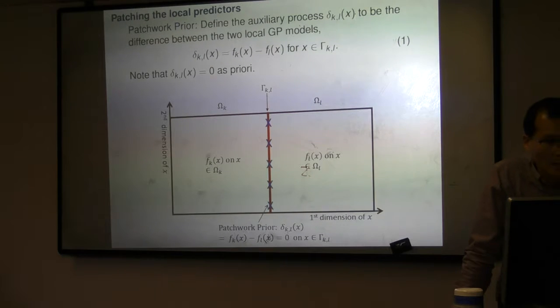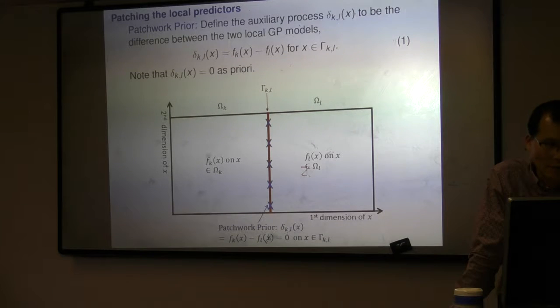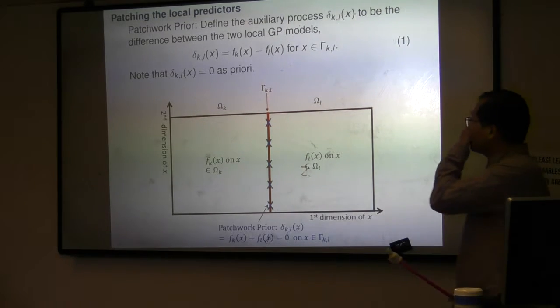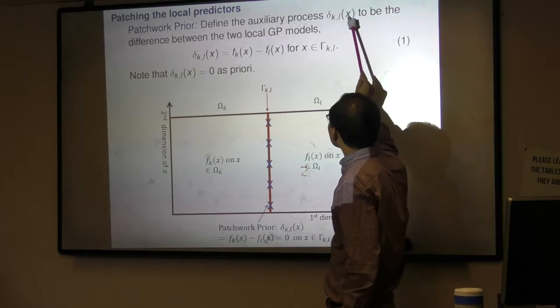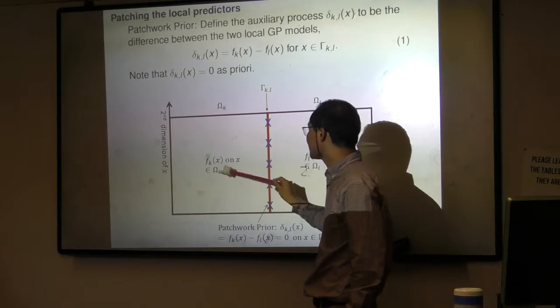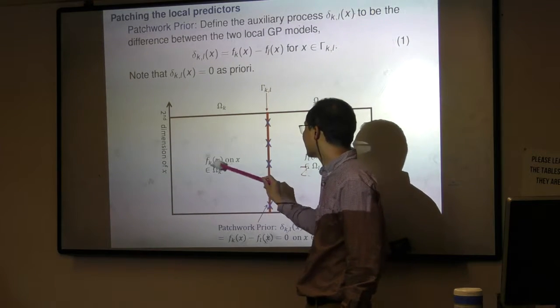So to combine the two pieces together, we proposed another prior, the so-called patchwork prior. We define an auxiliary stochastic process, which is defined by the difference of the two local pieces, remembering that these are the local Gaussian processes with the same prior.